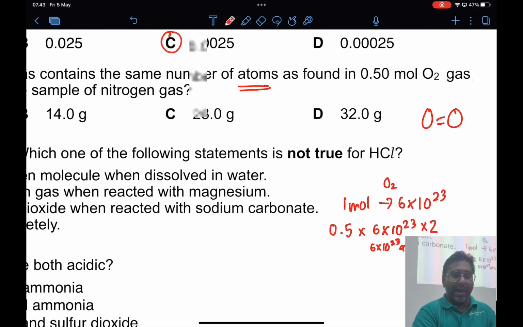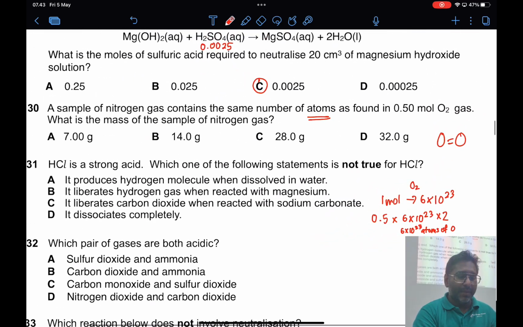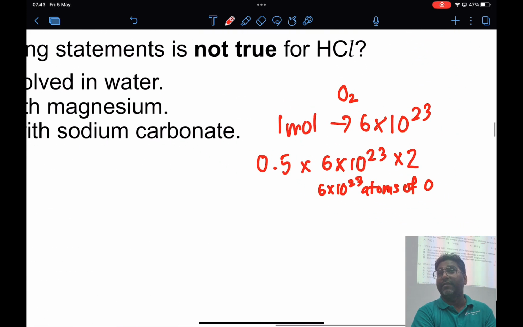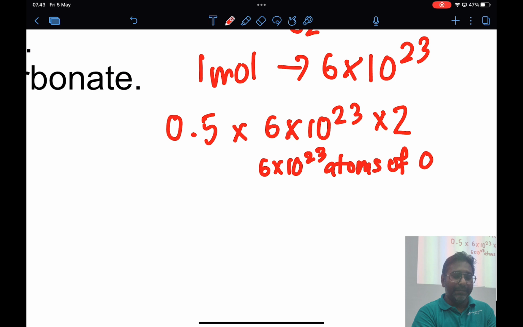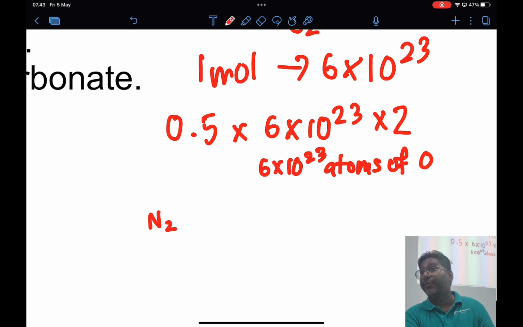Now I want to find out the mass of the sample of nitrogen gas having the same number of atoms as this. Nitrogen is N2. So they are asking what contains 6 times 10 to the power of 23 atoms of nitrogen.